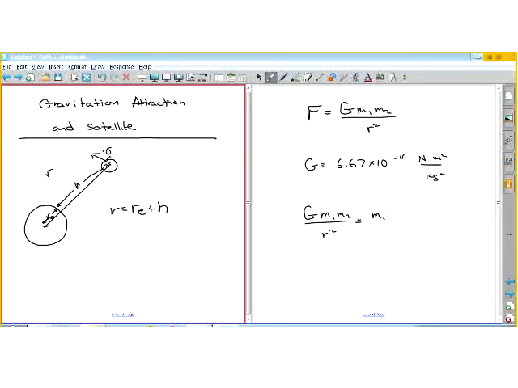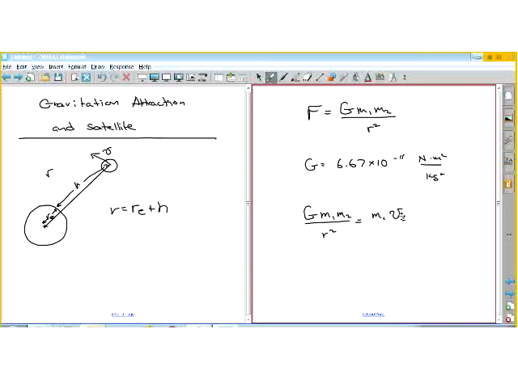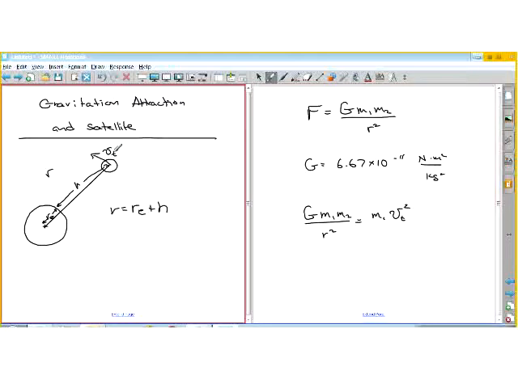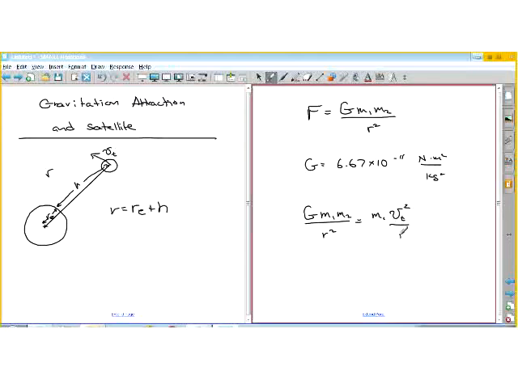So you have m times acceleration, but the acceleration of an object in a circle is the centripetal acceleration, which is equal to the tangential velocity squared divided by r. You can see the mass of the satellite doesn't come into play in this balance. We also have this equal to m1 times omega squared times r.